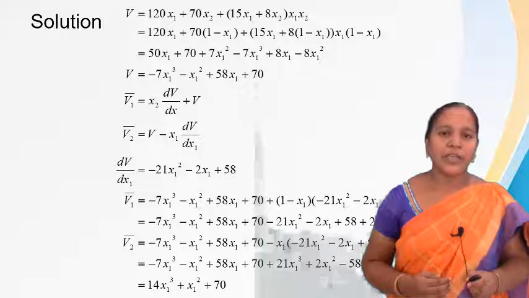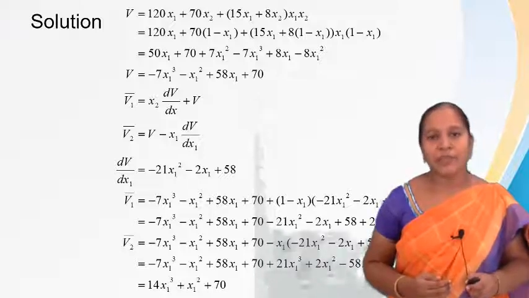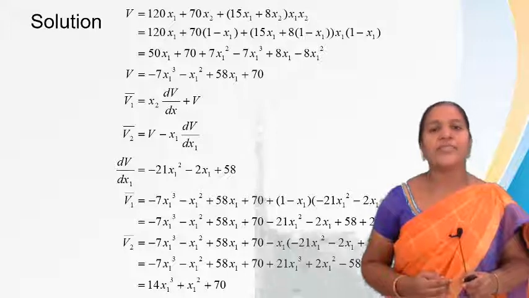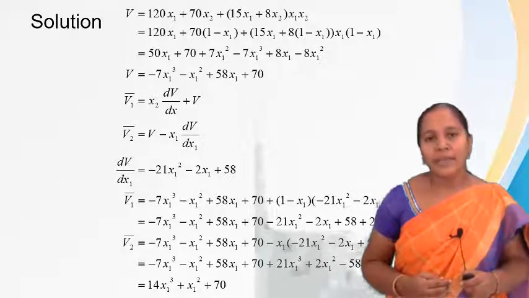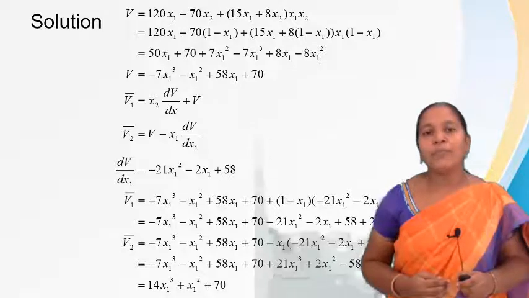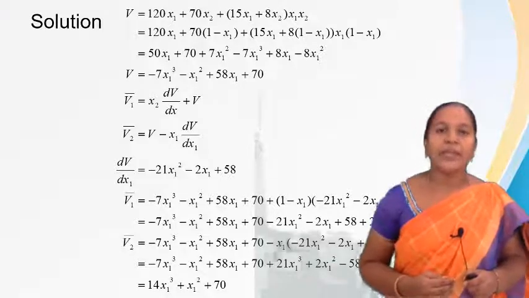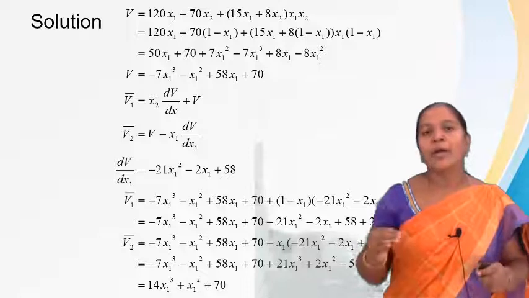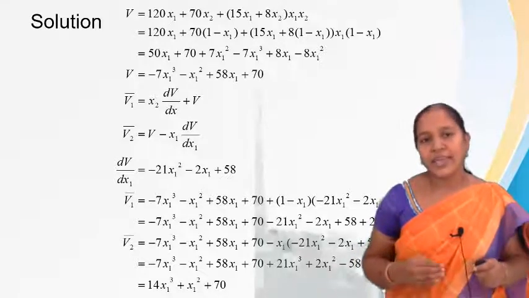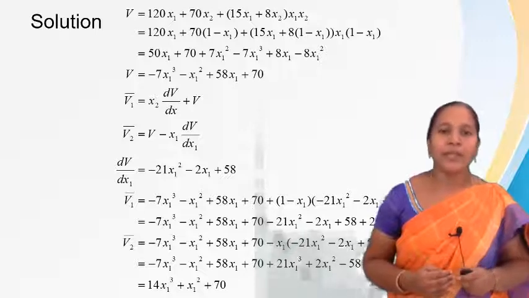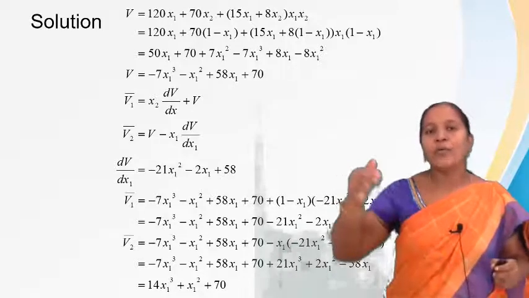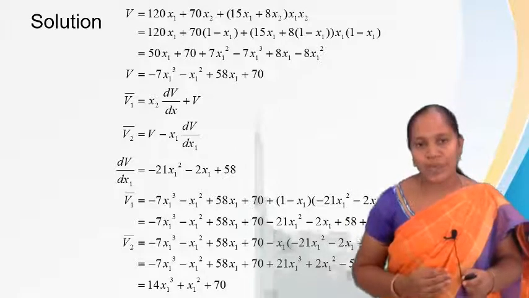For calculating species 1, the formula is M1 bar is equal to M plus x2 into dM by dx1. V2 bar is equal to V minus x1 dV by dx1, coming from M2 bar is equal to M minus x1 into dM by dx1. Therefore, differentiate the V expression with respect to x1.